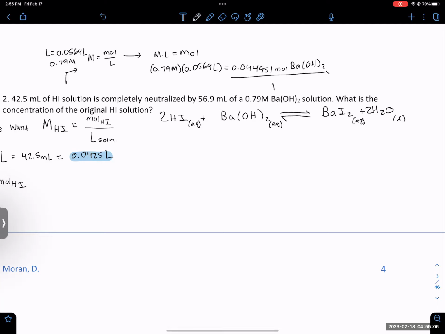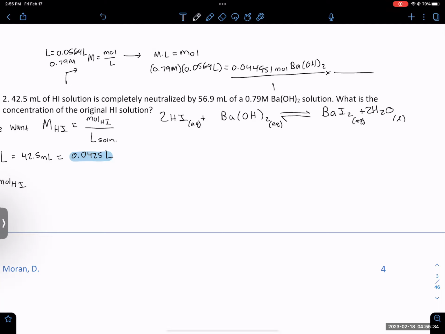Perfect. And we have the moles of one reactant. How do we go to moles of another reactant? Molar ratio from where? Balanced chemical equation.